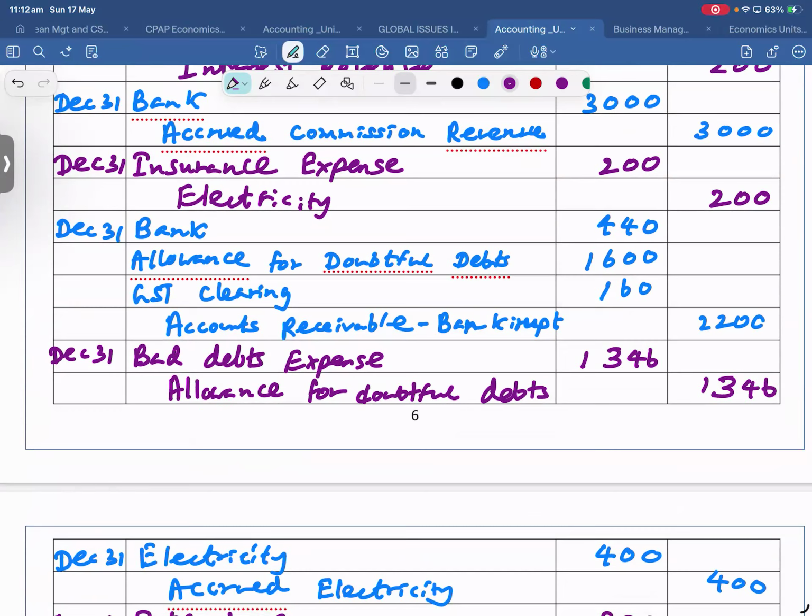Right, then allowance for doubtful debt is done.